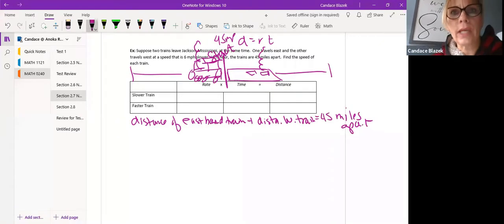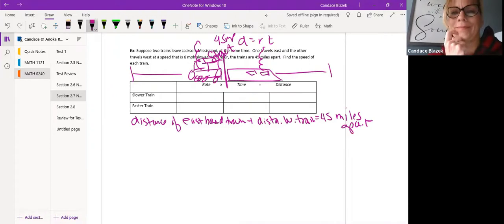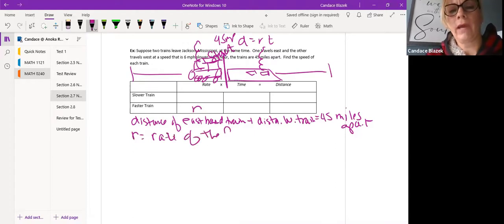All right, so let's look at how we are going to represent the distance of the eastbound train and the distance of the westbound train. So the rate of the slower train, well, we don't know. It says it's 6 miles per hour slower, so we're going to say that the faster train, the rate is r. So r equals the rate of the faster train.